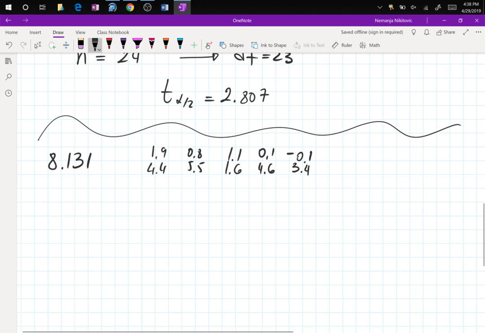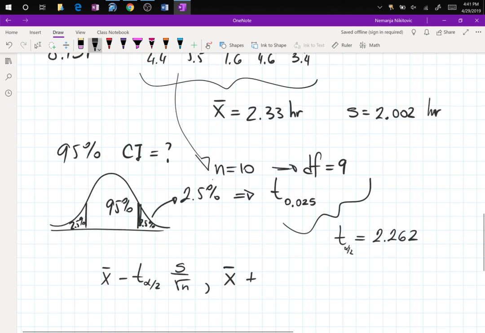So now, when I go back to my, right here. So that's my T alpha over 2. So now, I calculate the rest. X bar minus T alpha over 2, S divided by square root of n, comma, X bar plus T alpha over 2, S over square root of n. This is my confidence interval in terms of the formula.